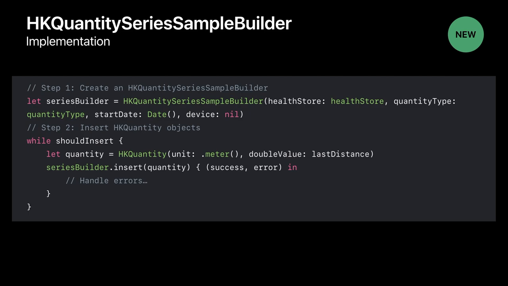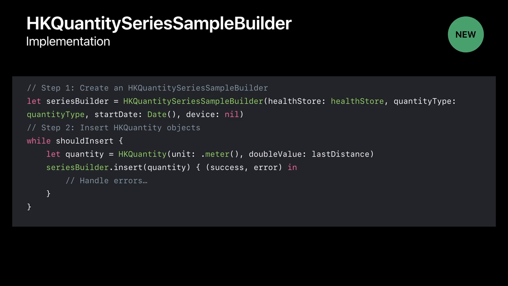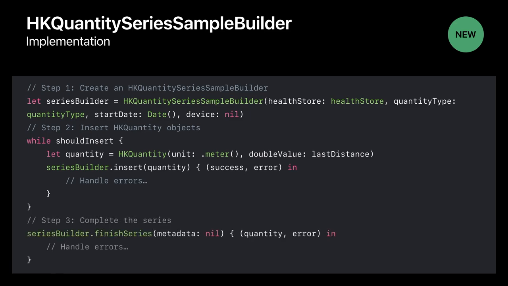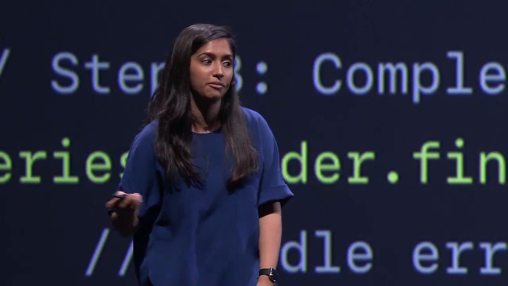So I'm going to declare the meter unit as the quantity that I'm interested in, and I insert that into my series builder. And at the end, we call finish on my series. And we're actually going to get the new quantity series sample and be able to have stored that in a more efficient way. We're really excited for you to start implementing our new quantity series APIs in your apps, because it's a brand new way to store your data more efficiently, and its ability to relate data together really allows for some interesting analysis.